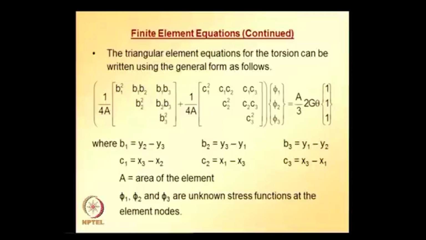So, in this problem of solving torsion of prismatic bars, we are basically solving for the stress functions. Once we know the nodal values of stress functions phi, we can calculate the stress components, shear stress components.